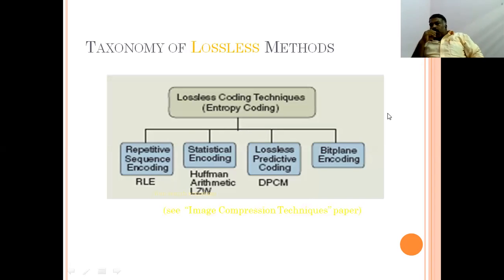There are different types of lossless methods, algorithms or coding techniques. One is called repetitive sequence encoding. It has to be listed branch wise here. The first one is run length encoding, an example of repetitive sequence encoding. Then statistical encoding: Huffman algorithm, arithmetic algorithm, and LZW.